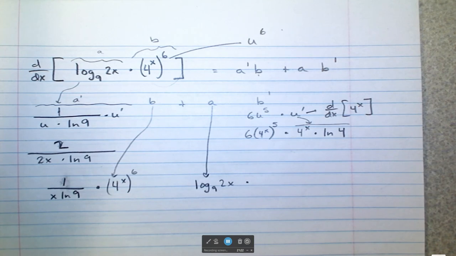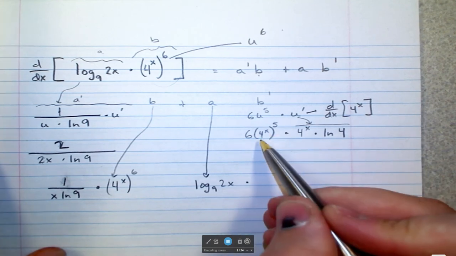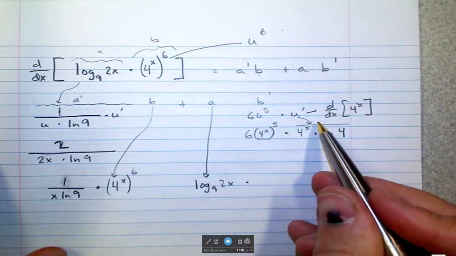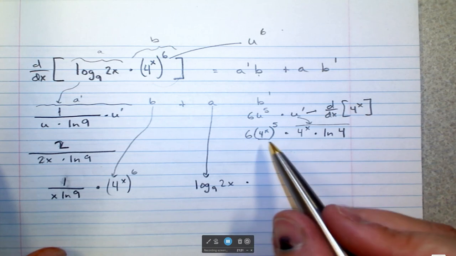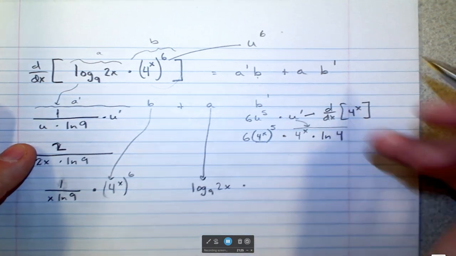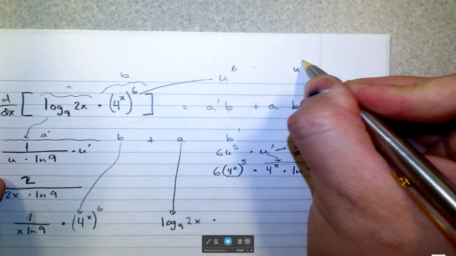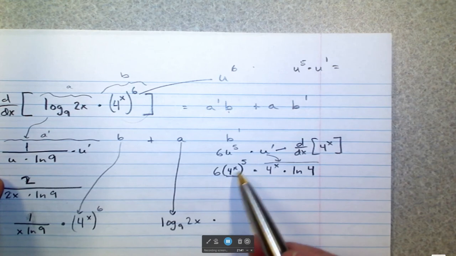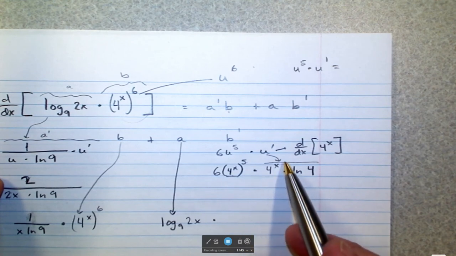Okay? Now, here's the tricky part. You've got 4 to the x to the 5th times 4 to the x to the 1st. U to the 5th times u to the 1st. Again, let me write that somewhere so you can see it.